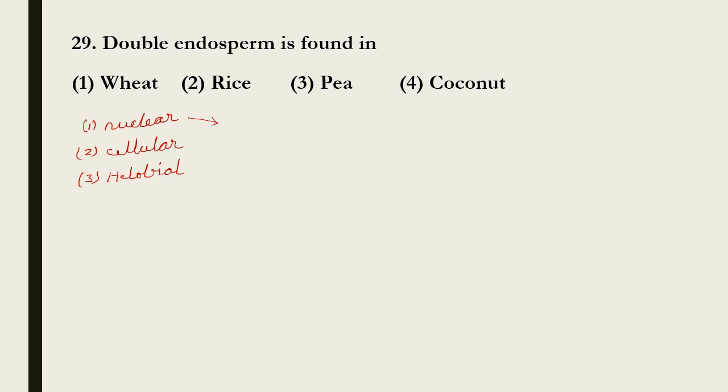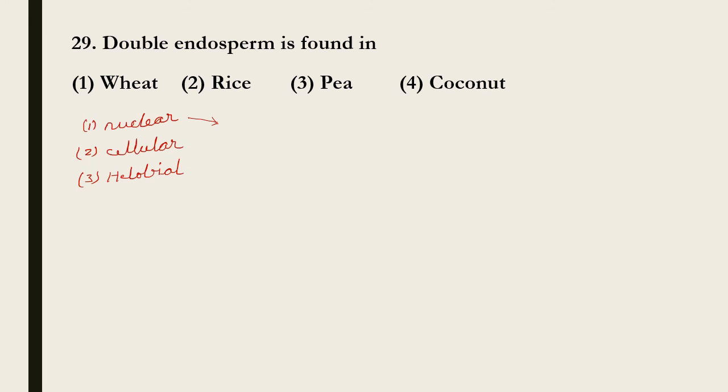This nuclear endosperm we can find in the form of water in the coconut. So coconut water is a nuclear endosperm. And when it undergoes cytokinesis, gradually it converts into the cellular endosperm, that is the coconut kernel, the white coating on the shell of the coconut.